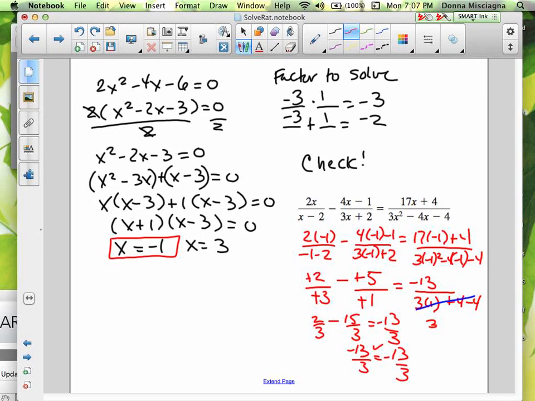All right, so now let's try x equals 3. I'll just use a different color here. All right, so I'm substituting into that equation there. 2 times 3 over 3 minus 2, minus 4 times 3 minus 1 over 3 times 3 plus 2, equals 17 times 3 plus 4 over 3 times 3 squared minus 4 times 3 minus 4.